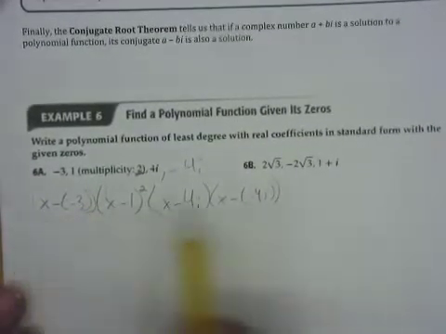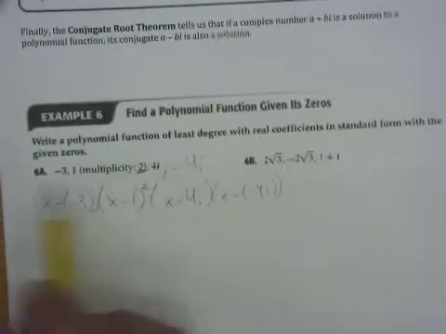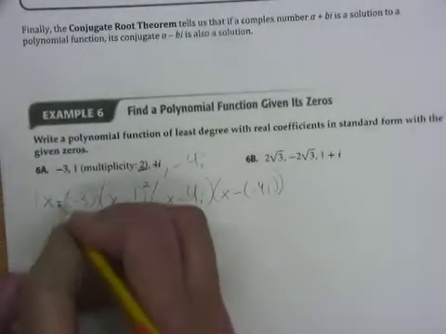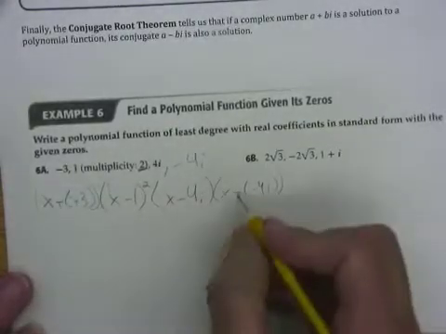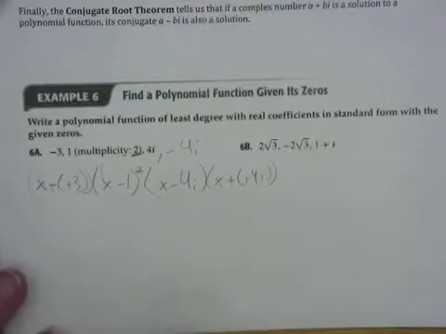And so what we're expected to do is to multiply all of this out and get one polynomial function whose zeros are these. So here we go. I can rewrite this as x plus 3. I can rewrite this as x plus 4i.